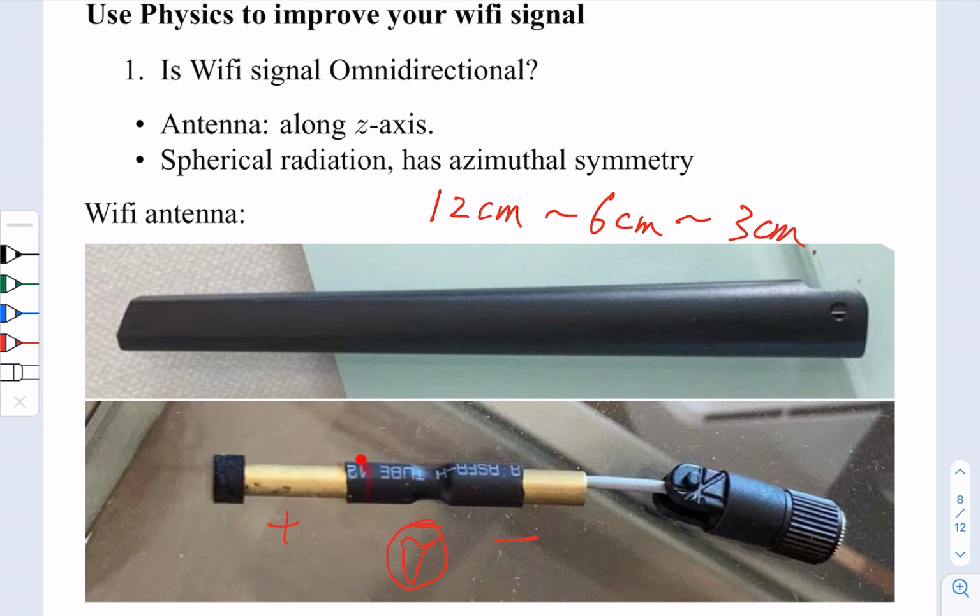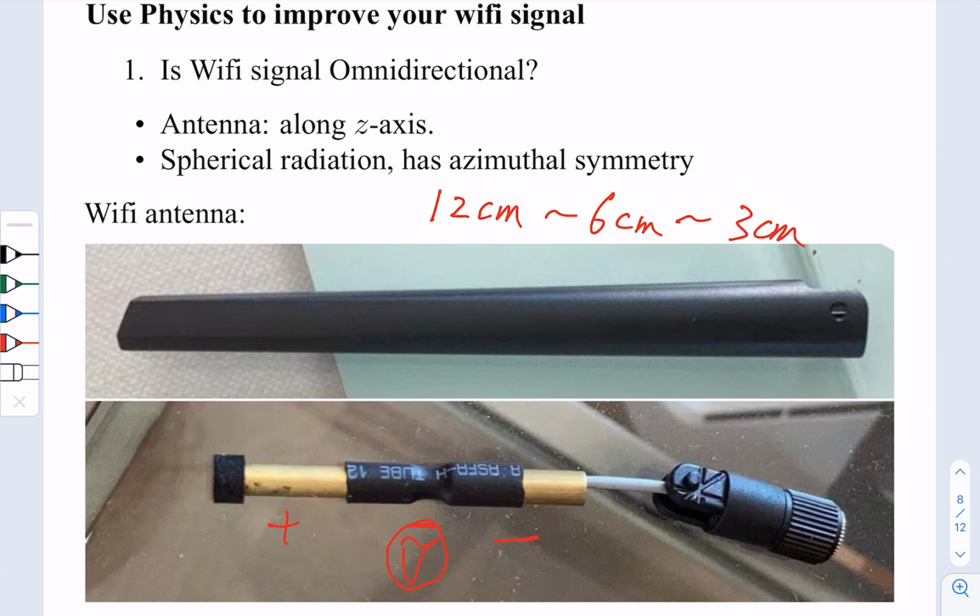This number is chosen because for this kind of length, it will introduce resonance effects. It's sort of like playing a guitar, where the resonance body is exactly on resonance with the frequency that you are playing, and it will amplify the Wi-Fi signal. Besides that, you can treat this as an ideal dipole radiation.